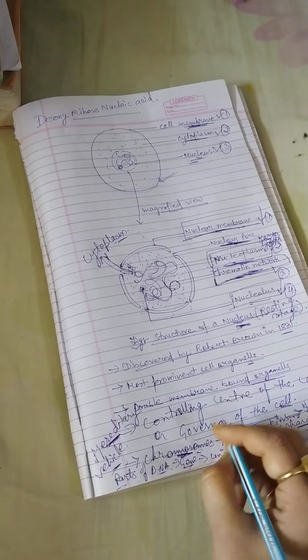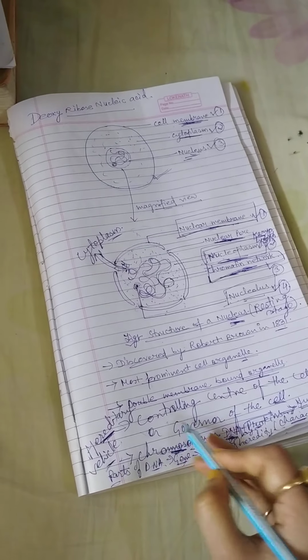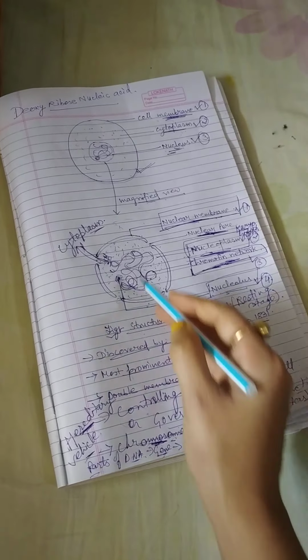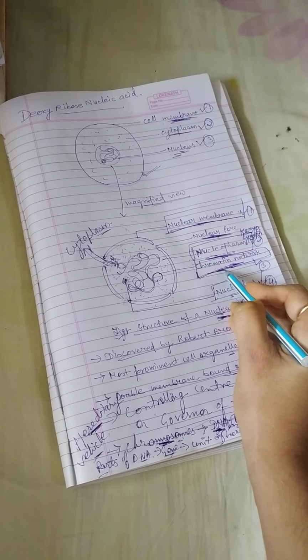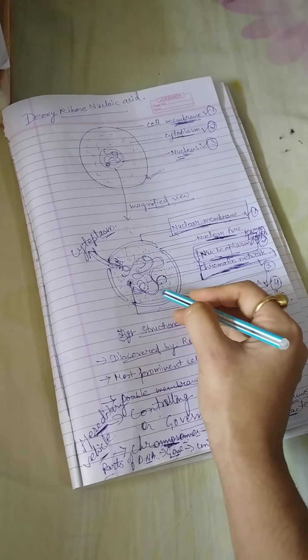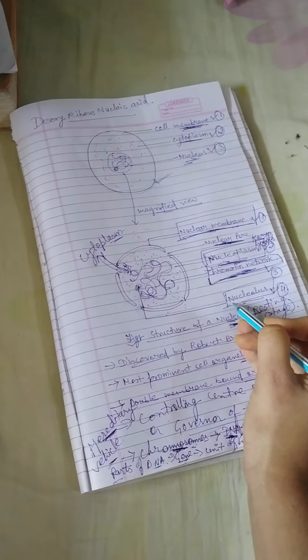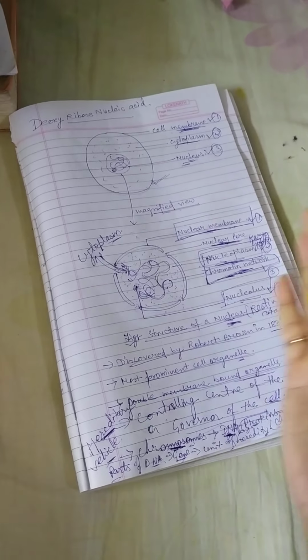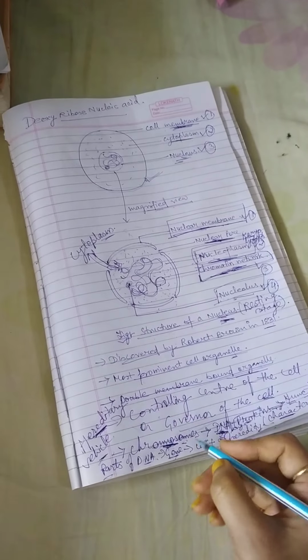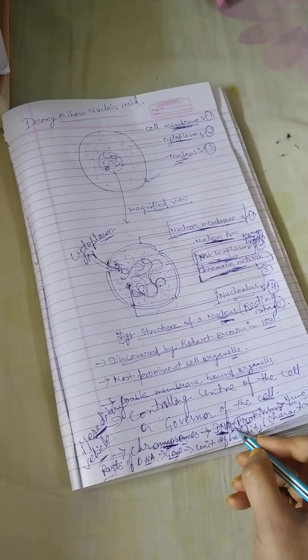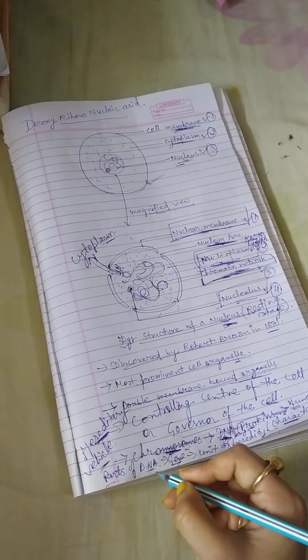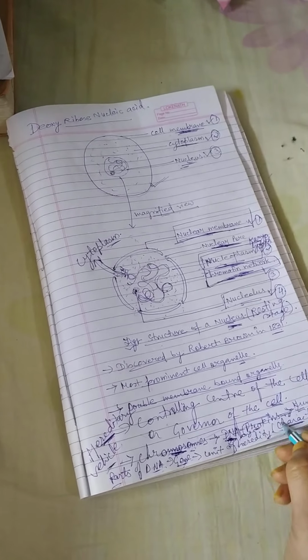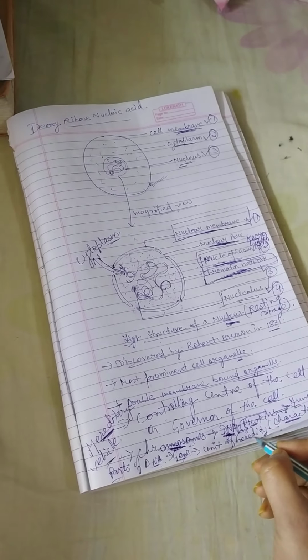So we have seen that nucleoplasm consists of chromatin network. Chromatin network is nothing but thread-like structures made up of DNA. When the nucleus is about to divide, these thread-like structures come closer to each other, become compact in structure, and form chromosomes. Chromosomes contain DNA, DNA contains genes, and gene contains the characters. That means it is the unit of heredity.